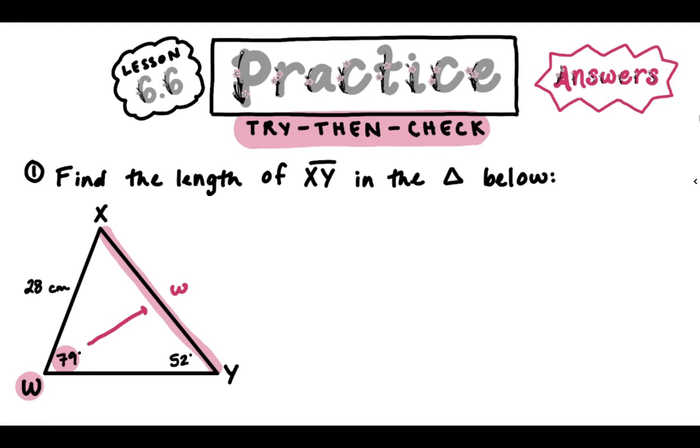Well, I've got angle Y, and across from angle Y, I have this 28 centimeters side. Since that's across from angle Y, I'm going to call that little y.